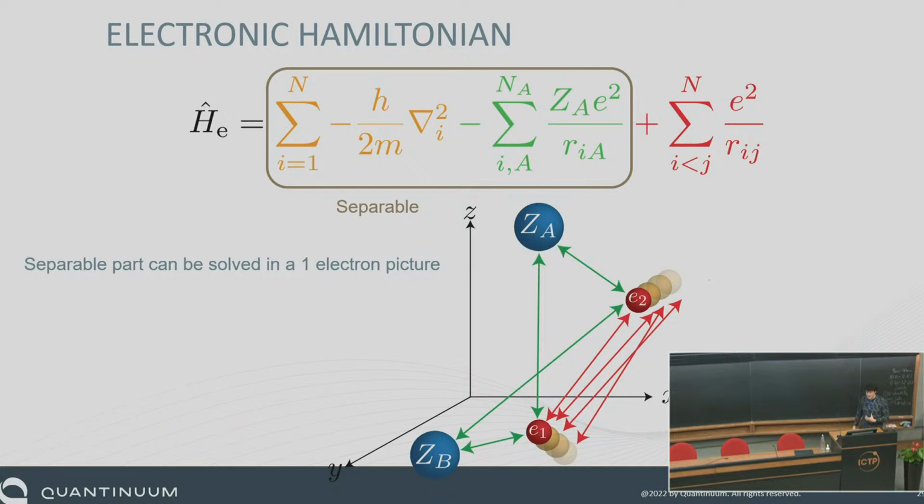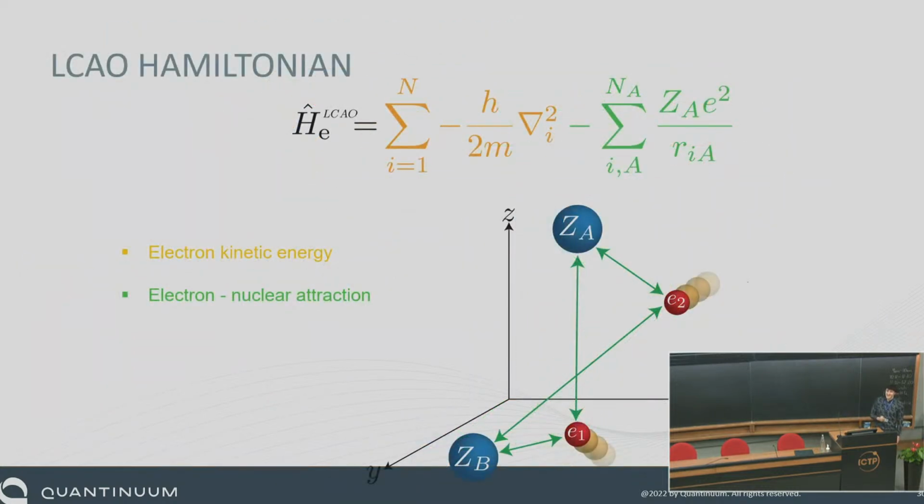This can be solved with a product approach: when you have a separable differential equation, you can use separation of variables and solve each individual term. The other term's not separable, because you have these electron-electron cross terms, essentially because the instantaneous positions are affected by each other. So as an initial qualitative approximation, we just get rid of it.